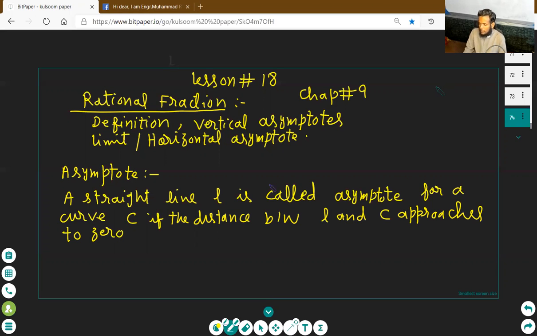As we said, an asymptote is a line. For example, this is an asymptote. If we move the curve to infinity, then both curve and asymptote have distance zero.